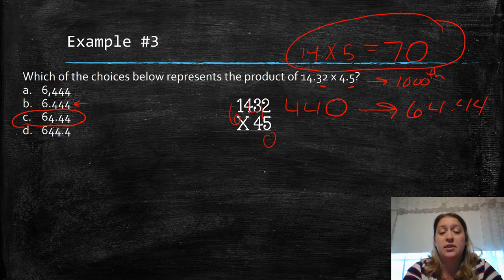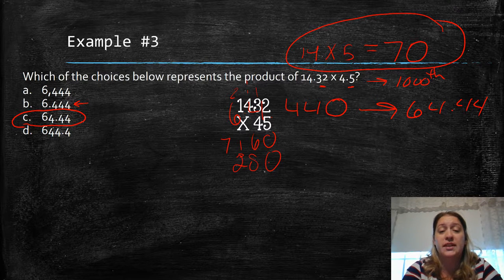5 times 2 is 10. 5 times 3 is 15 plus 1 is 16. 5 times 4 is 20 plus 1 is 21. 5 times 1 is 5 plus 2 is 7. Placeholder egg. 4 times 2 is 8. 4 times 3 is 12. 4 times 4 is 16 plus 1 is 17. 4 times 1 is 4 plus 1 is 5.